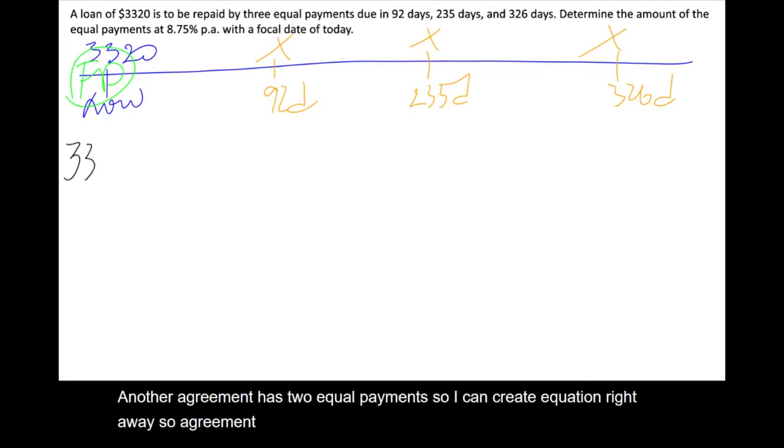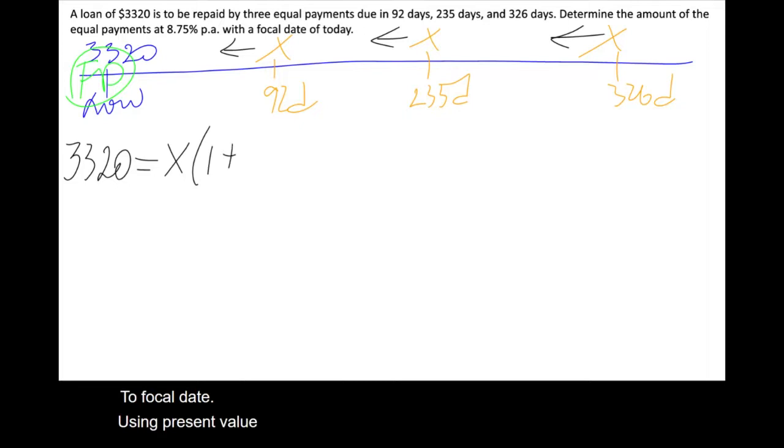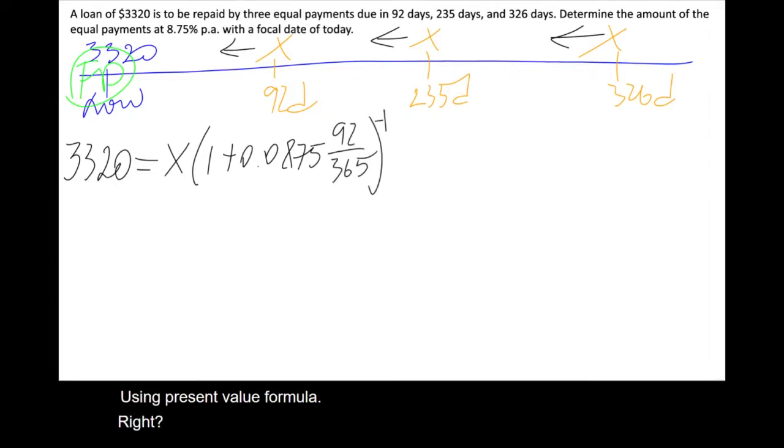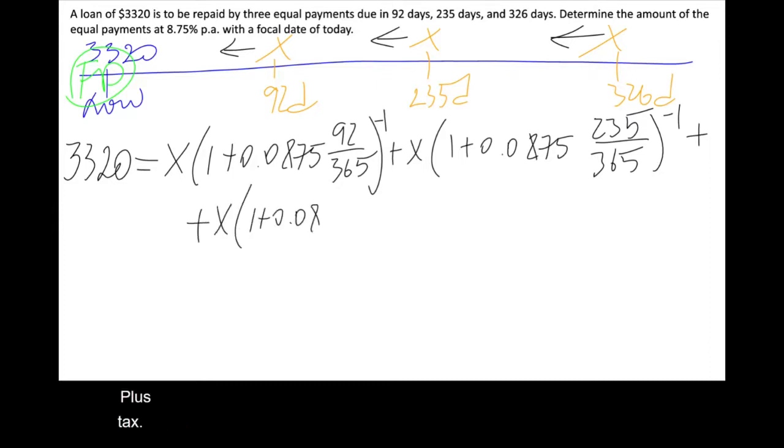So agreement 1, which is 33.20, has to be equal to, and all 3 payments I take back to focal date using present value formula. Right? So X plus X plus X, 326 minus.